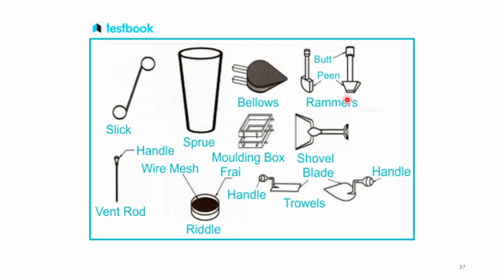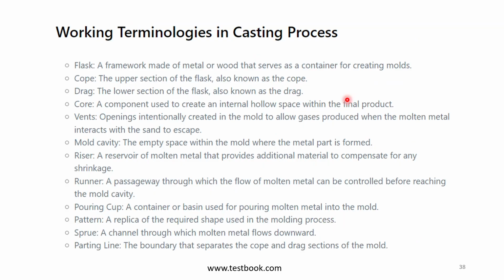Next you have again all those terminologies in short form. Flask is a framework made of metal or wood which serves as a container for creating molds. Cope is the upper section of the flask. Drag is the lower section of the flask.